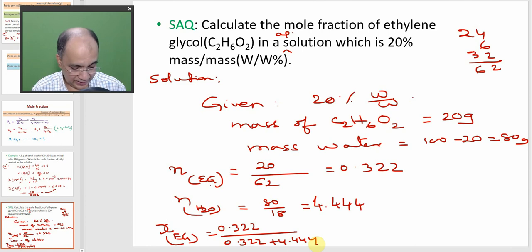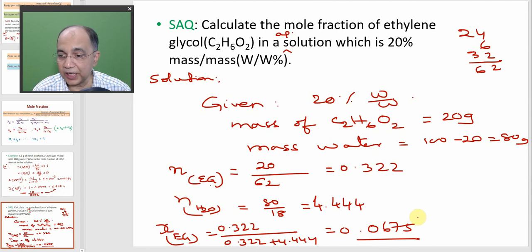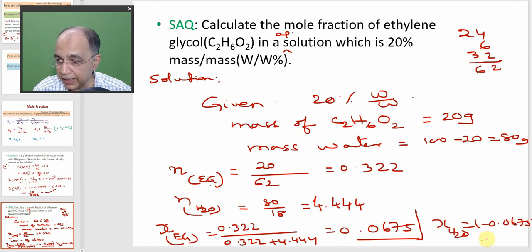And if you divide 0.322 divided by 4.766, it is coming 0.0675, very, very low. That is the mole fraction of ethylene glycol. Obviously, the mole fraction of water will be 1 minus 0.0675, and you find out the answer. It's not asked in this question; you are asked to find the mole fraction of ethylene glycol, right?